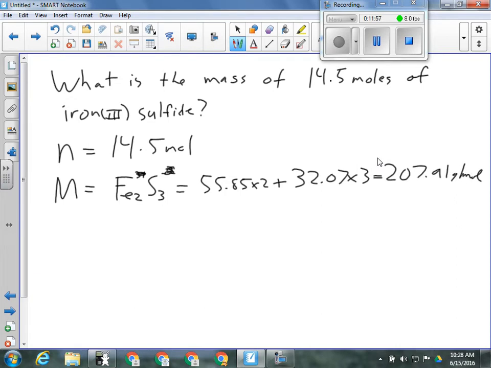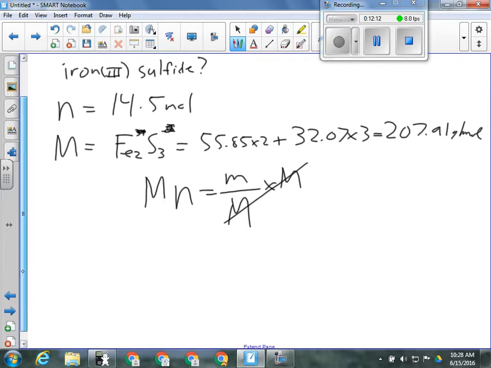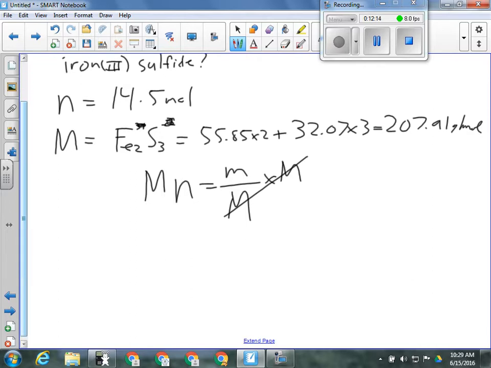Okay, so now I'm looking for the mass. Okay, N equals little m over big M. So to get little m by itself, I multiply both sides by big M. Big M comes over here. Now I just have to plug in my numbers. Okay, so we will have our 207.91 multiplied by N, which is 14.5.